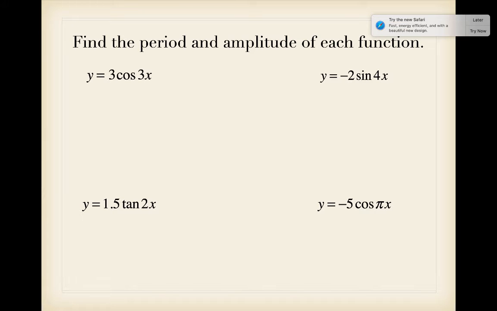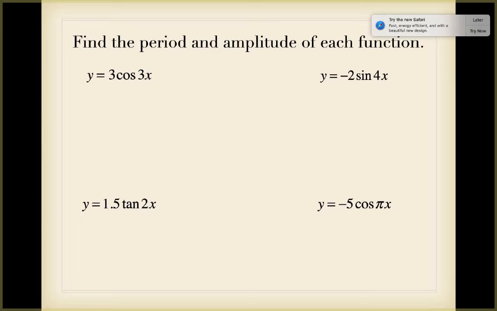Now we are going to find the period and amplitude of these functions. And we have y equals 3 cosine 3x. From the last slide, we had f of x equals a, we'll use the sine one that we had before, b, x minus c, plus d.